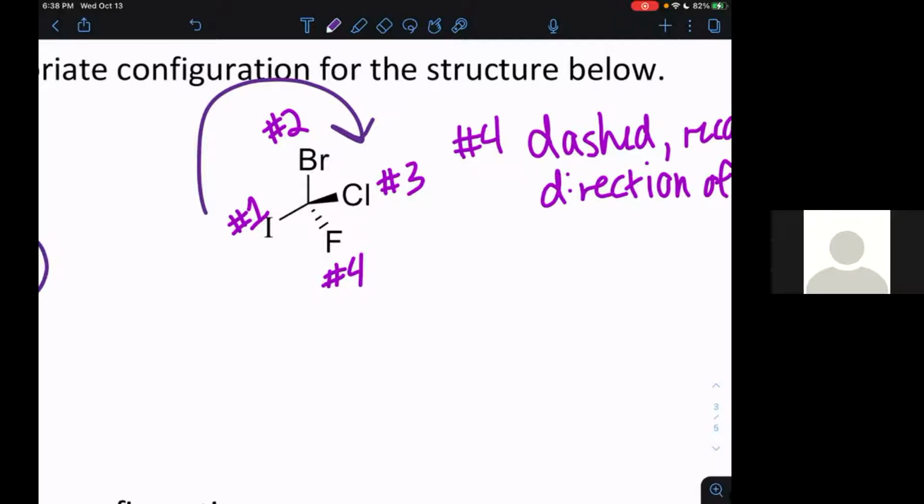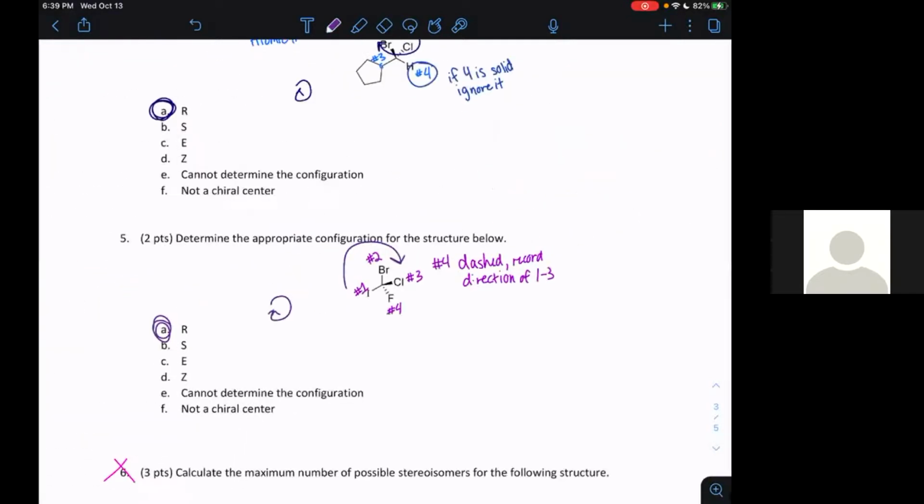That's how you determine which direction you're going to go, if it's going to be clockwise, or you have to do the direction and then reverse. But you're just counting the 1, 2, 3 atoms when you're figuring out the direction. Yes, but the 4 matters in how you know to go about that. Okay. Cool. So that's 5.